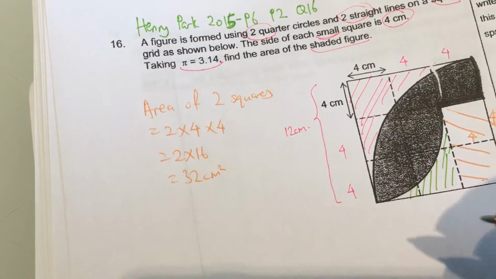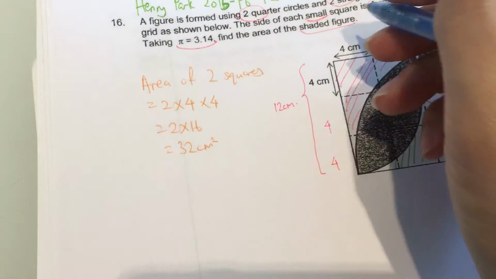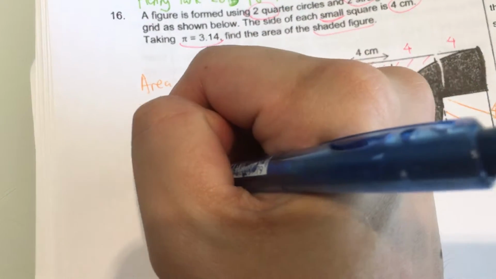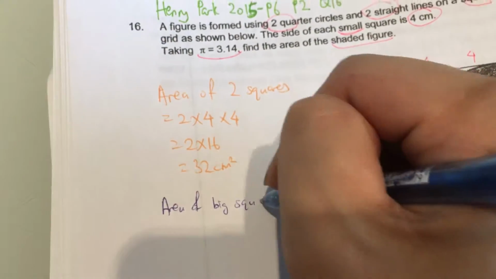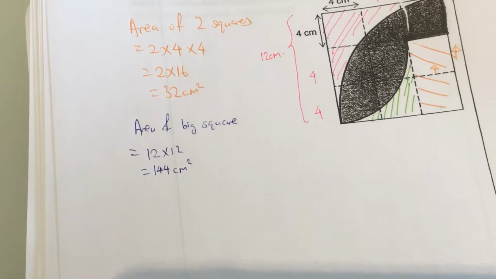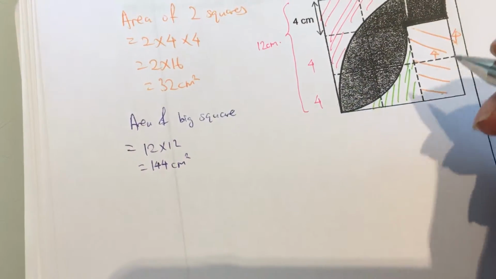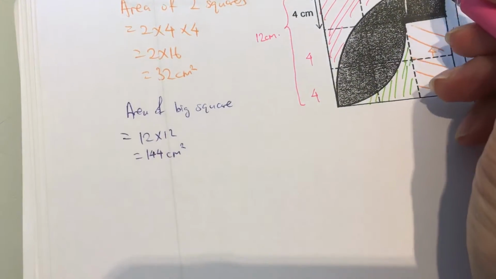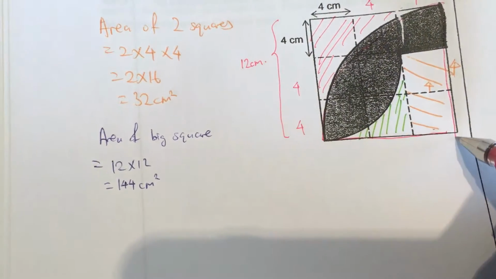Then I want to use blue to find the area of the big square. Area of big square is 12 times 12, which is 144 cm square. Now let's find the area of the pink portion. Can you see this big quadrant?